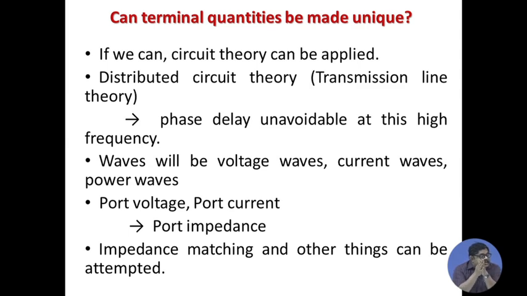Now, obviously, phase delay is unavoidable at high frequency, as we are at the very high end of frequency, gigahertz sort of frequency or several hundreds of megahertz. So, even a small length adds quite a good amount of phase. So, we cannot avoid the phase delay, and that is why voltage will be in the form of voltage waves.